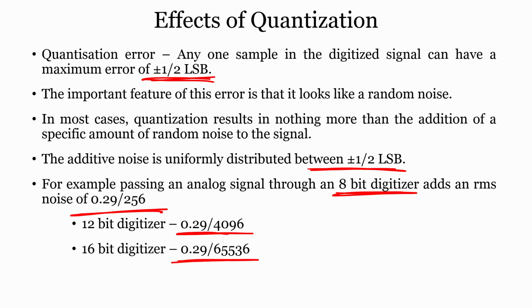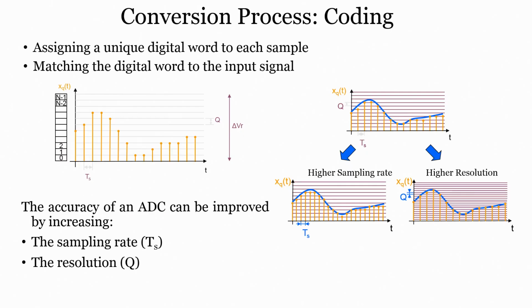To calculate how much RMS noise is added by an 8 bit digitizer, 2 raised to 8 is 256. For a 12 bit digitizer, 2 raised to 12 is 4096. For 16 bit, 2 to the power 16 gives you 65536. So, 0.29 by 4096, 0.29 by 65536.